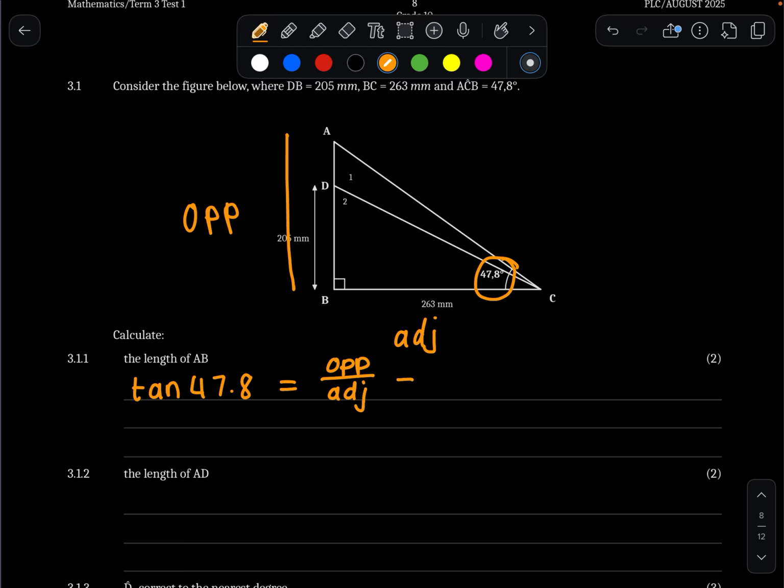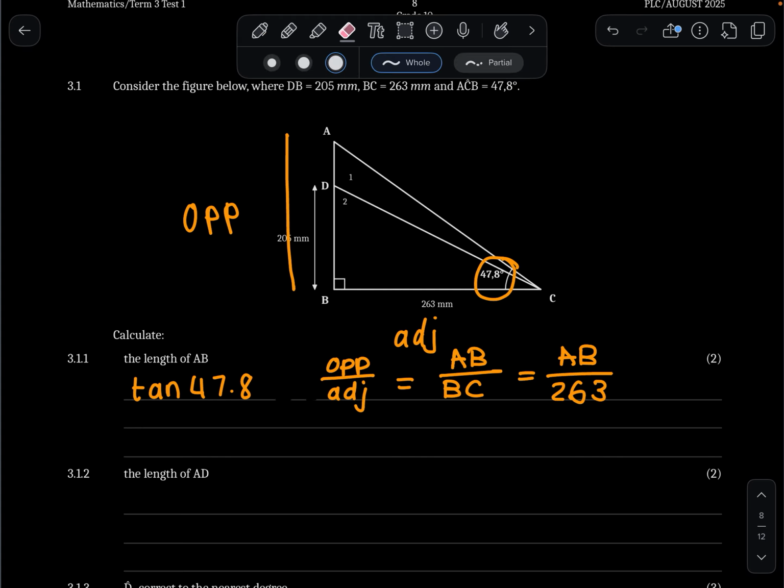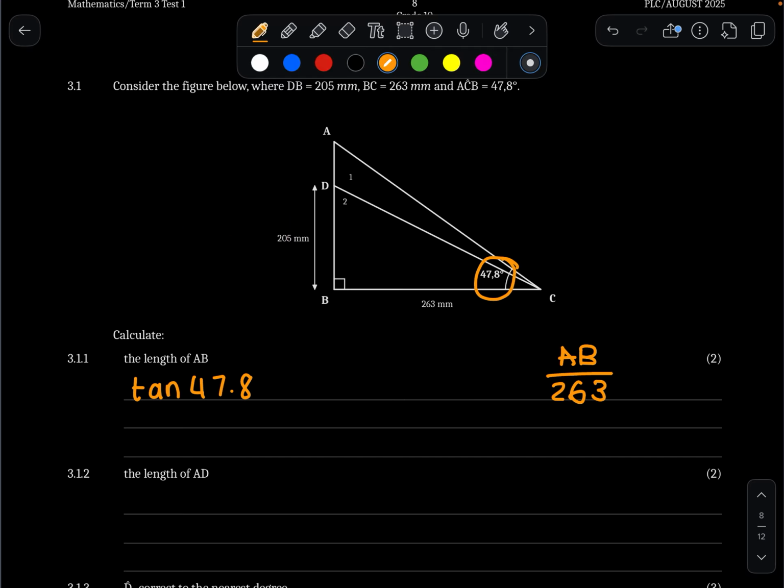So opposite is AB, adjacent is BC. Okay, and we know the length of BC is 263. Okay, and if we get rid of all the stuff in the middle, then we've got this.